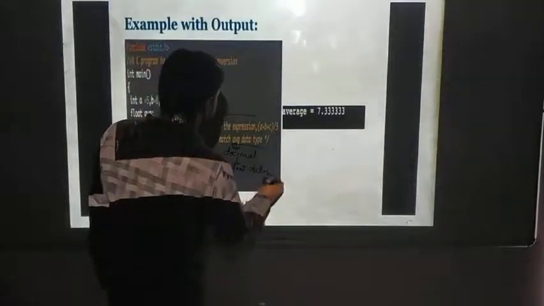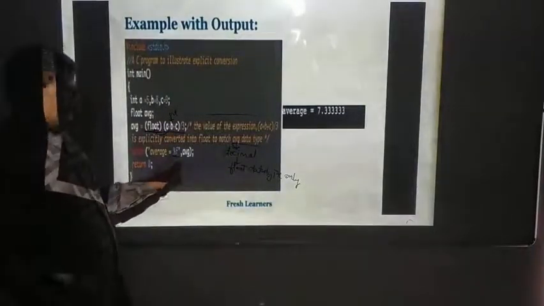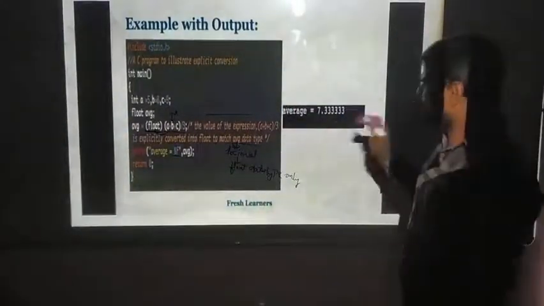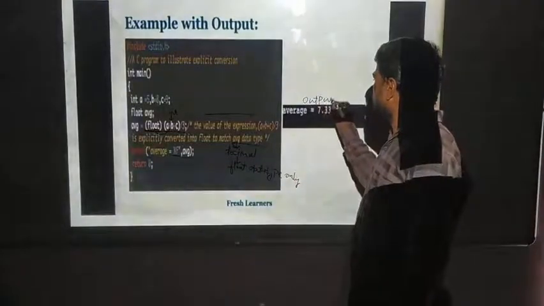Now I am printing average is equal to %f, with the format specifier %f, and we write average. This is the syntax. It will print the exact float value in the output.